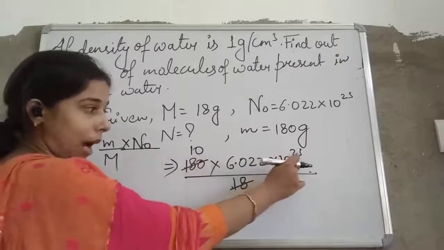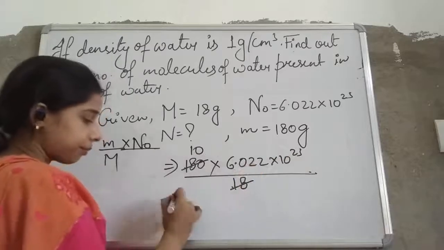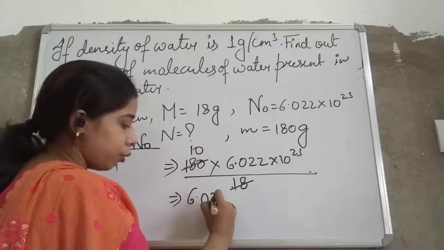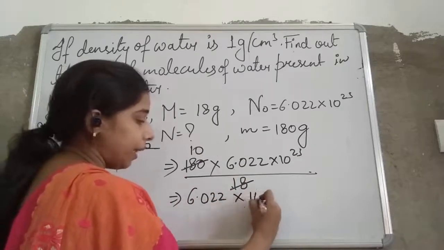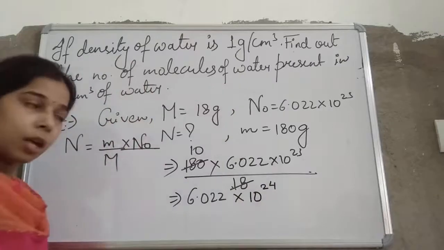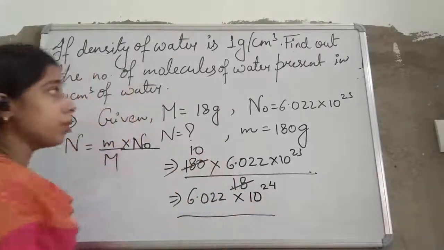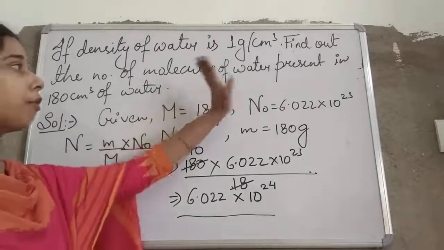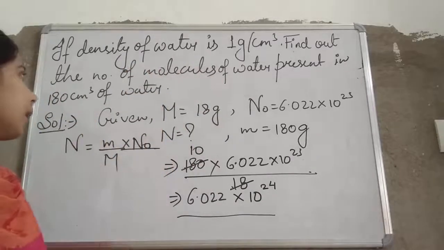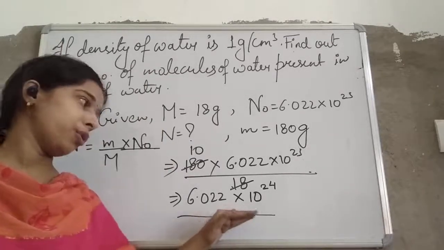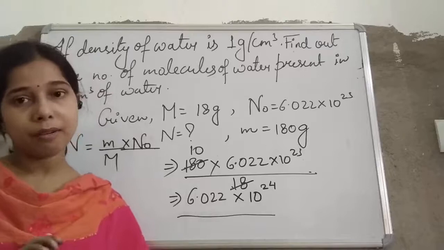This 10 will add to the power, so it will become 6.022 into 10 the power 24. So the number of molecules of water present in 180 centimeter cube of water is 6.022 into 10 the power 24.